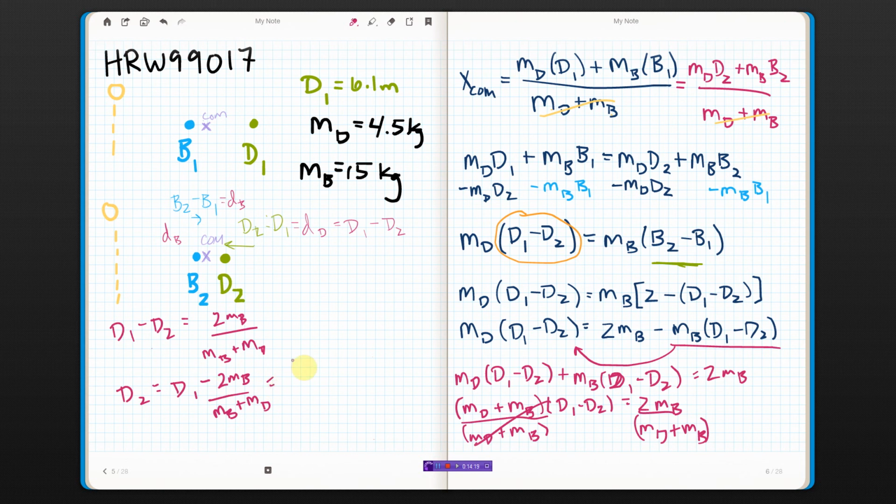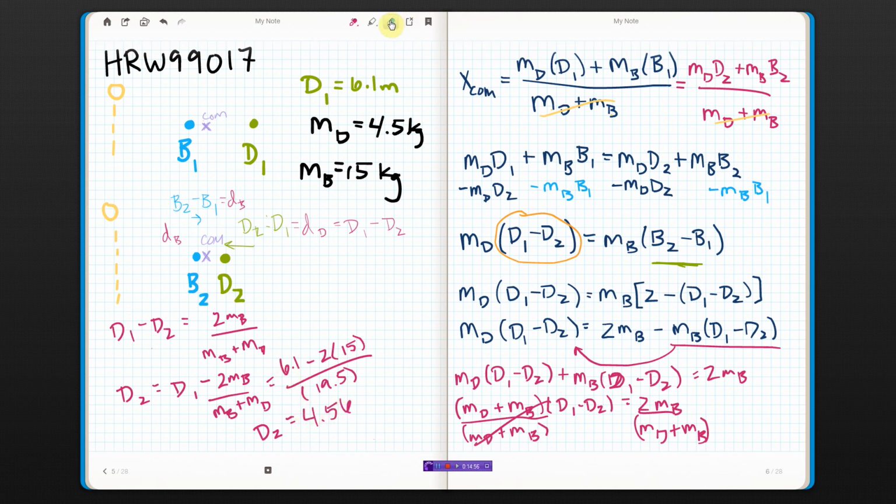If I put all the numbers in, D1 was 6.1 minus 2, the boat over the boat plus the dog. That's 19.5, I think. You got 15 plus 4 is 19, and then you got the 0.5. Yep. Okay, so that gives that the dog's second position is 4.56.